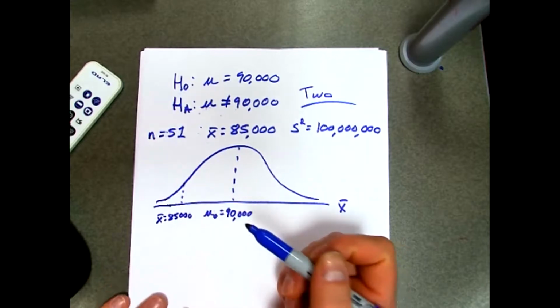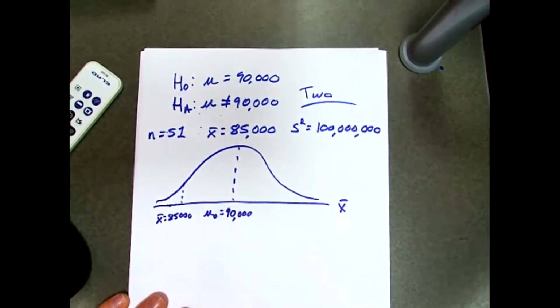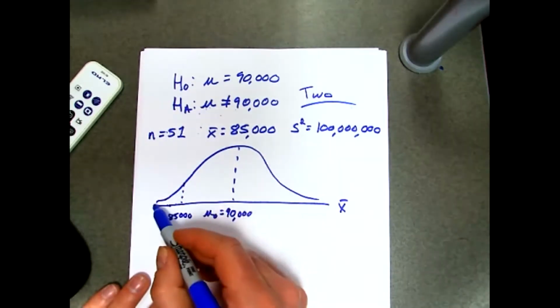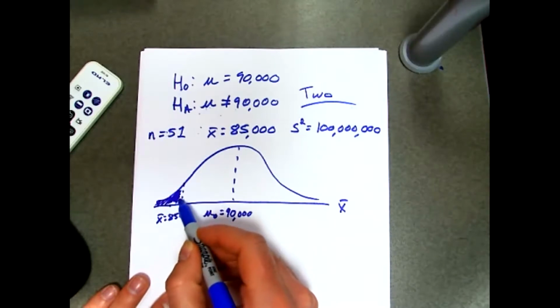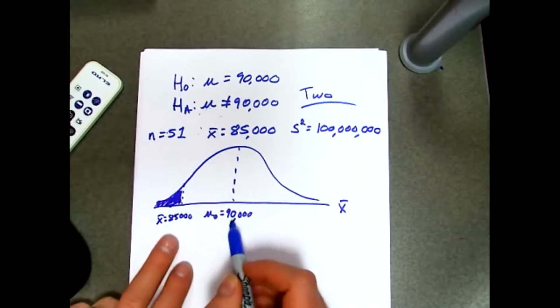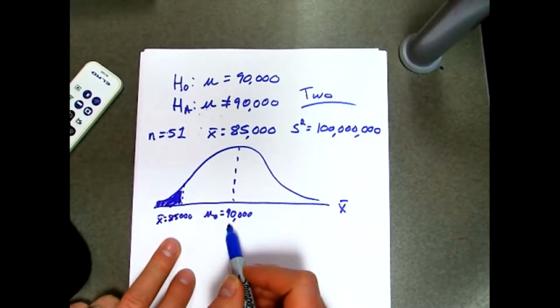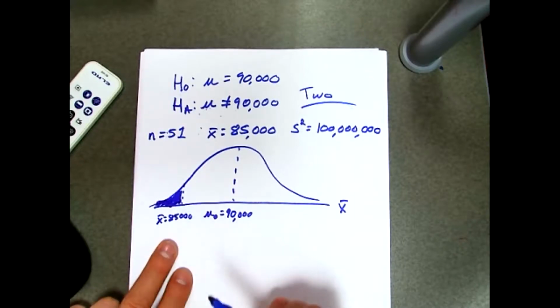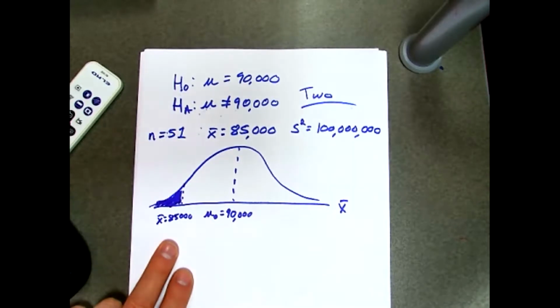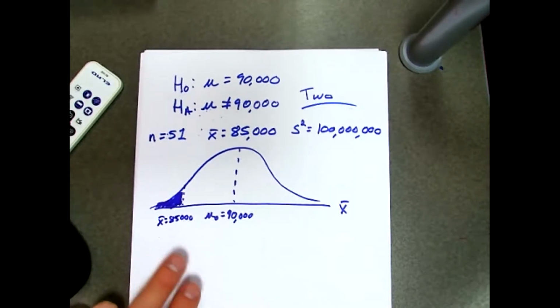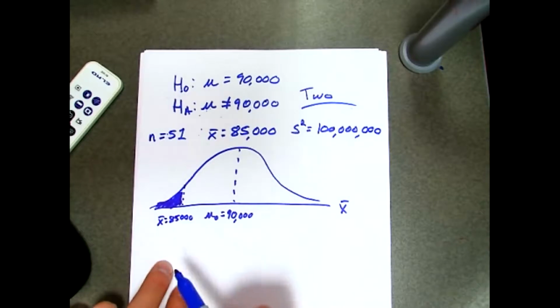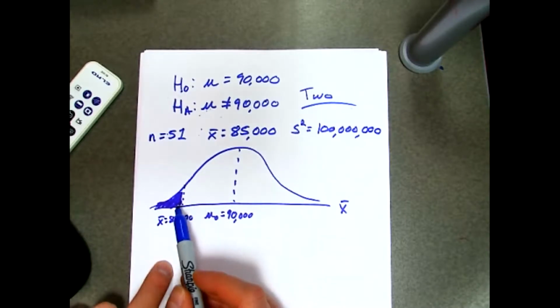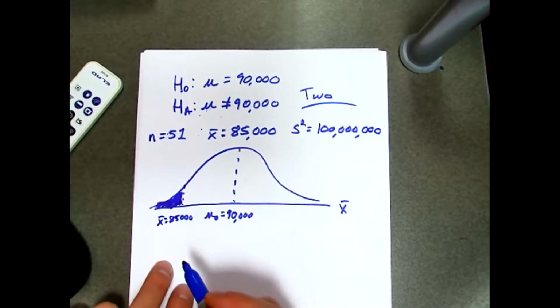Now, if I'm thinking about eventually I want to find a p-value so that I can make a rejection decision, the p-value is going to be the probability I saw the sample evidence that I did, right, that was as inconsistent with what I assumed to be true as what I found, or anything more inconsistent, or anything further into the tail. Any values that are further from that assumed true population.